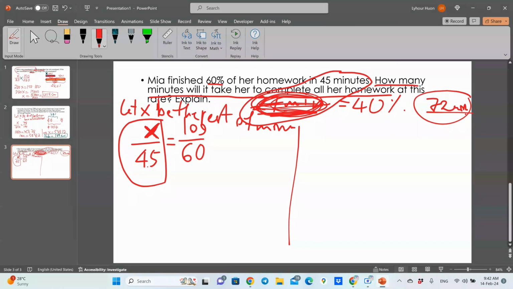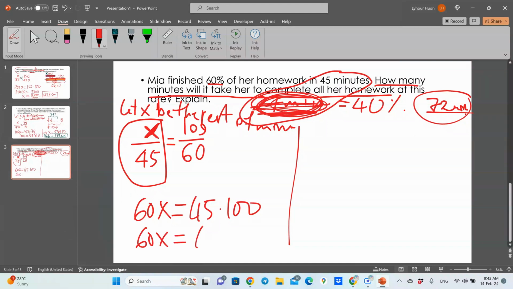So we write this as correct. Then 60x equal to 45 times 100, which equals 4500.